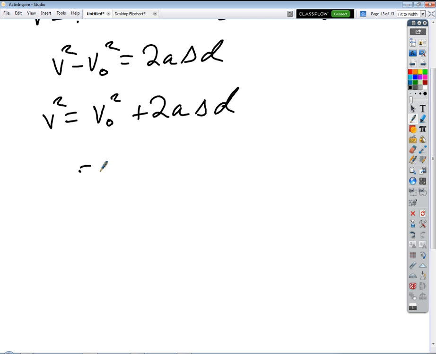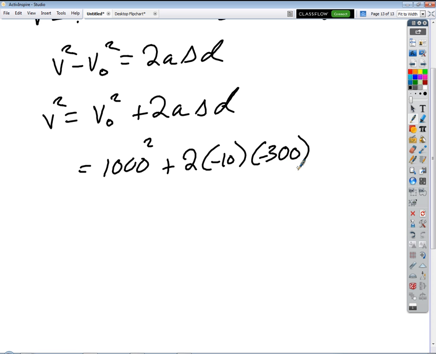So we get 1,000 squared, just leave the units off, plus 2 times negative 10 times negative 300, right? Make sense? Okay, and all that's equal to v squared. So what's v going to be?